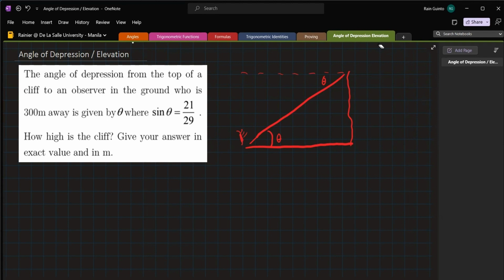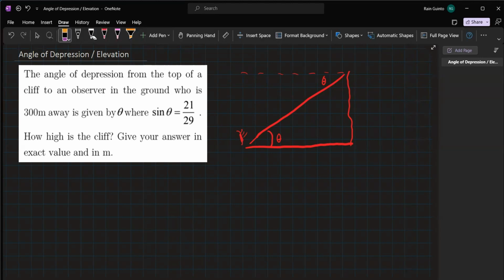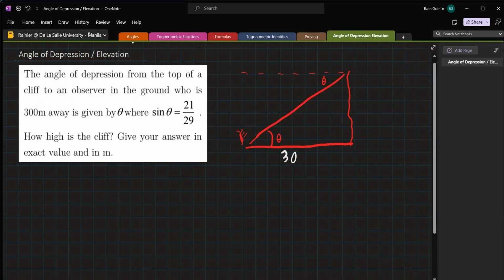Well, other than this, we also know that the observer is 300 meters away from the cliff. So this has to be 300 meters, and this is theta, and also this is theta. Now, we are looking for the height, and this is the height.